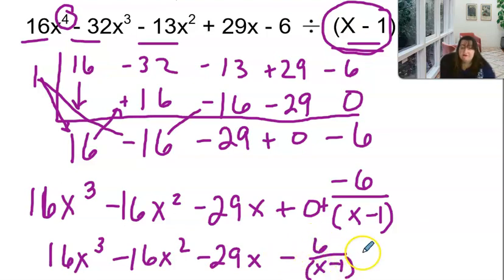And that would be my final answer. So I got rid of my 0. I did bring the negative out to the front, so I have a minus instead. Not a big deal. And there's my final answer for that one.